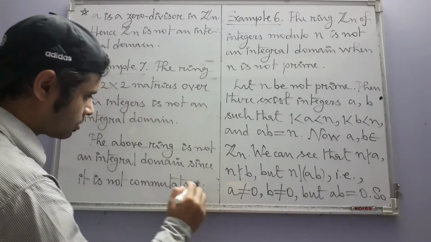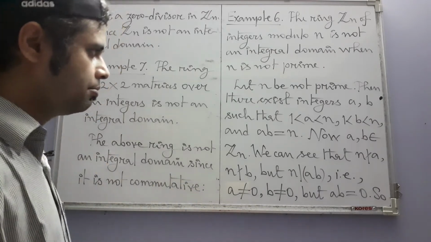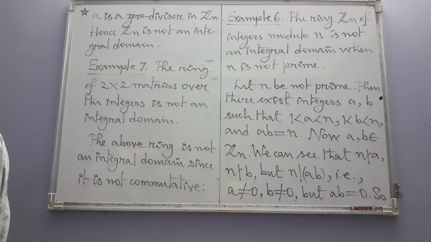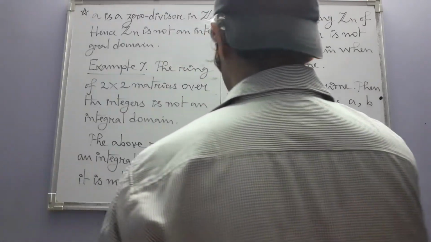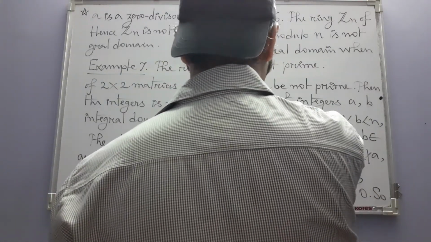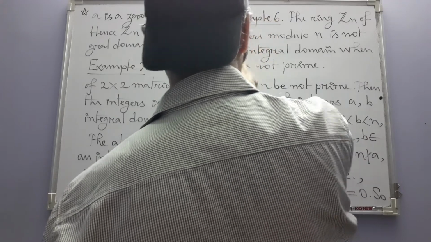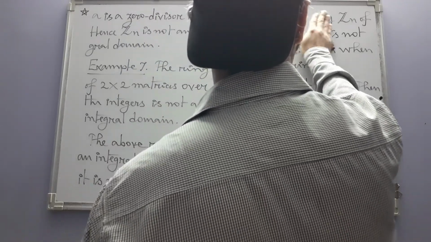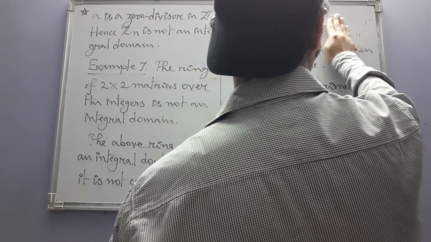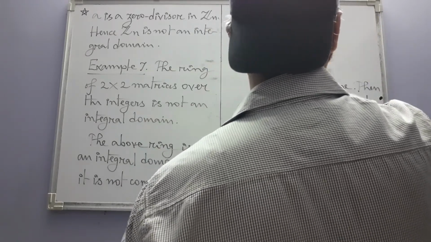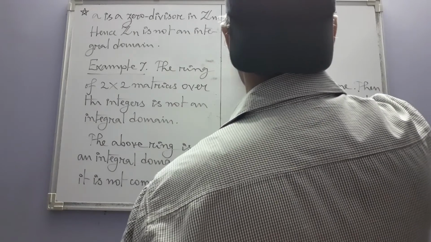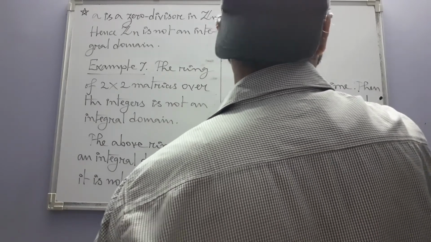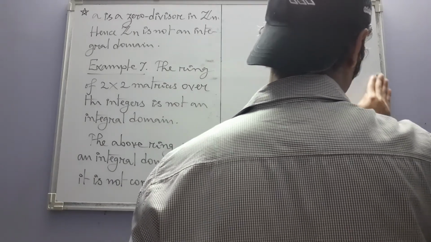To show non-commutativity, you take 2 matrices with integer entries and show that they do not commute. Since commutativity is something quite special, if you arbitrarily take 2 matrices with non-zero entries, then most likely you will get non-commuting pairs.